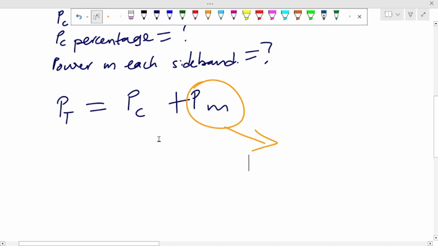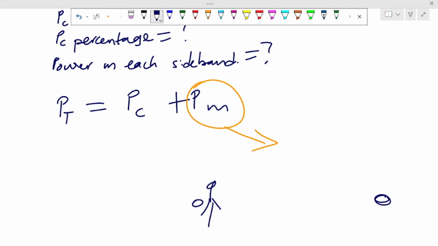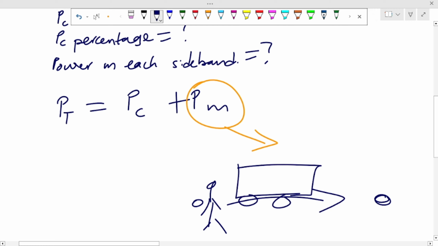It's like saying you want to travel from this point to another. You want to walk there. Instead of trekking, you can enter a bus that will take you there.